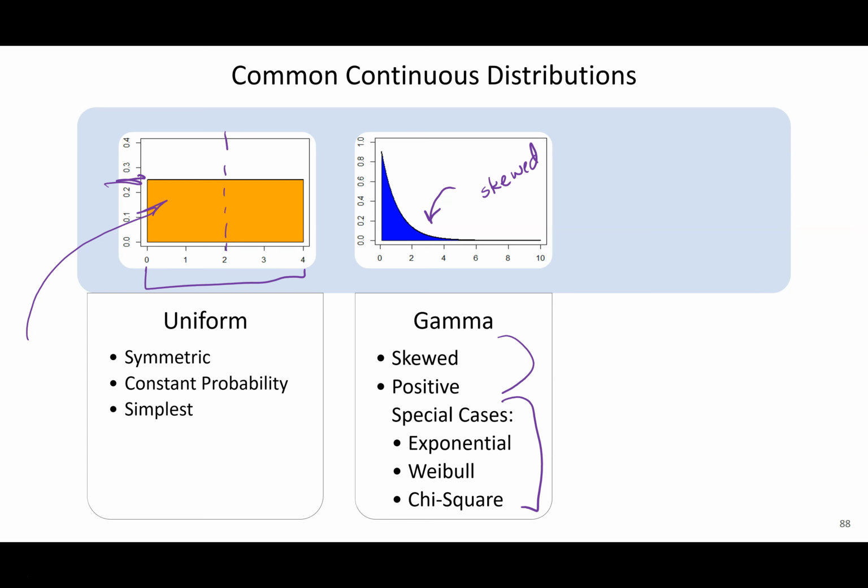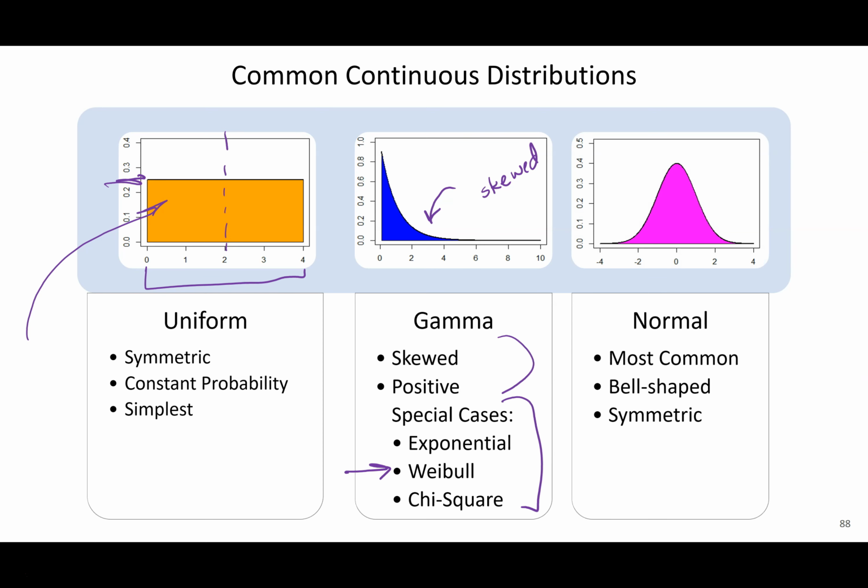We have special cases. There's the exponential distribution. There's the Weibull, which you'll see in your data analysis assignment, as well as chi-squared. That's not all of them, but that's just a few that are commonly used to model things in engineering. And then the normal distribution, which even if you haven't heard of it, chances are you've seen it somewhere.